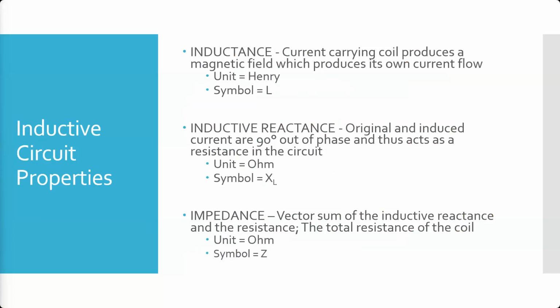The other thing is that inductance has a certain amount of inductive reactance in that it is not aligned perfectly. It's not perfectly opposite of the current that's coming through, but rather, if you look at a sine wave of it, it's 90 degrees off. So it's not going to impede all current flow.